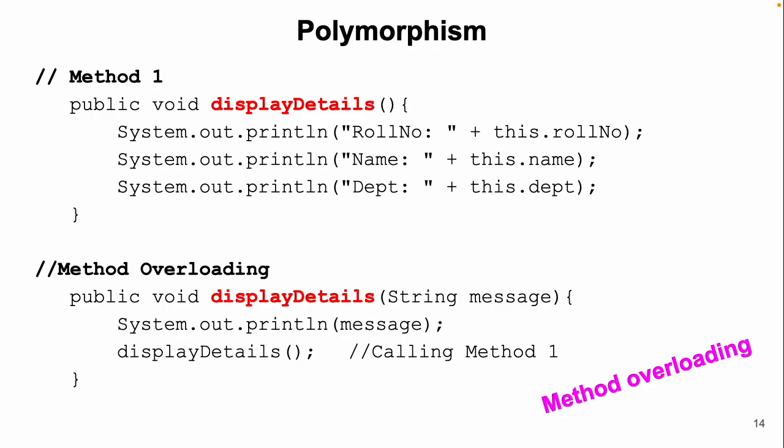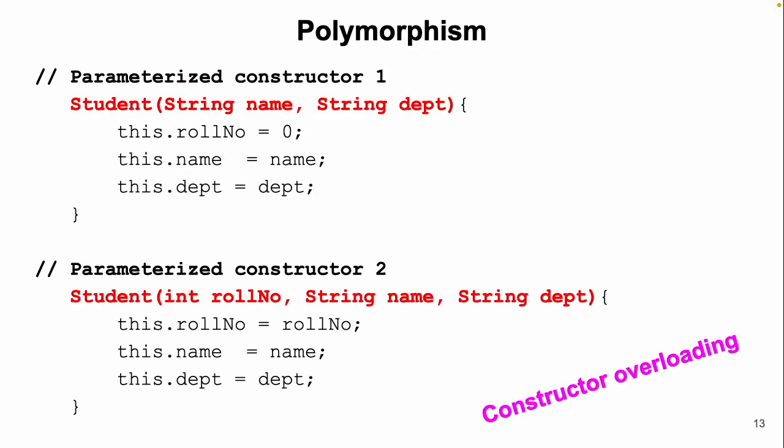In constructor overloading, there is no return type for constructors; we modify the number or the type of arguments. Based on that, we achieve constructor overloading. Any doubts? Okay.